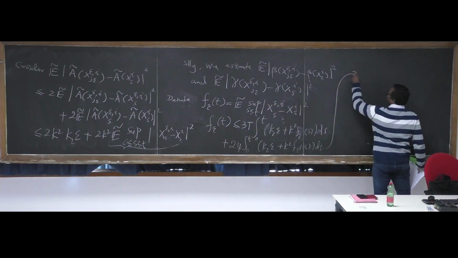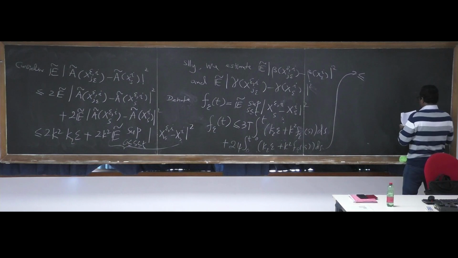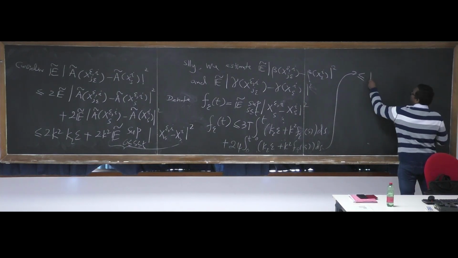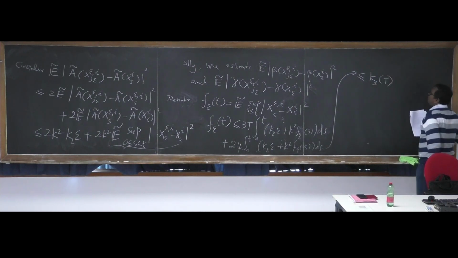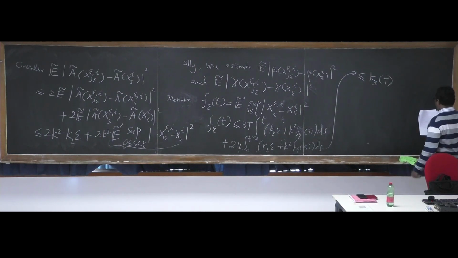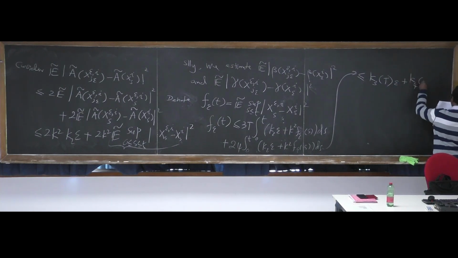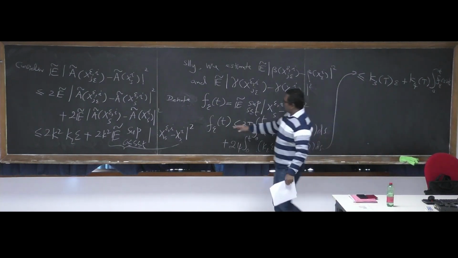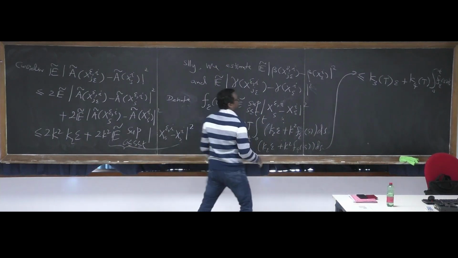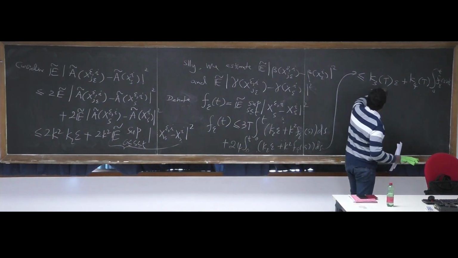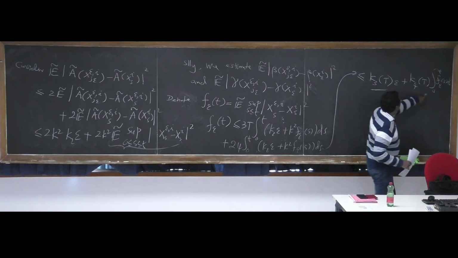So this is bounded, after further simplification, by some constant k3 which depends upon capital T, times ε, plus k4 times the integral from 0 to t of f^ε(s) ds. So f^ε(t) is bounded by k3 of capital T with this.